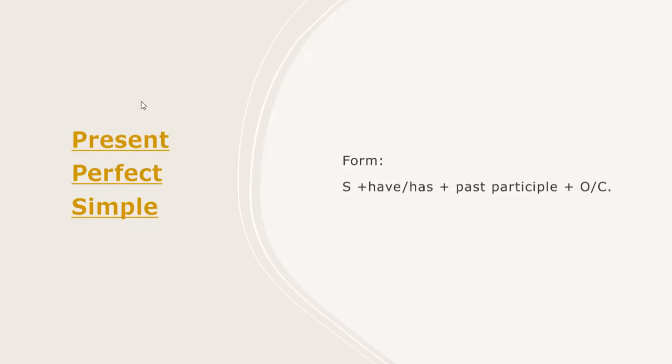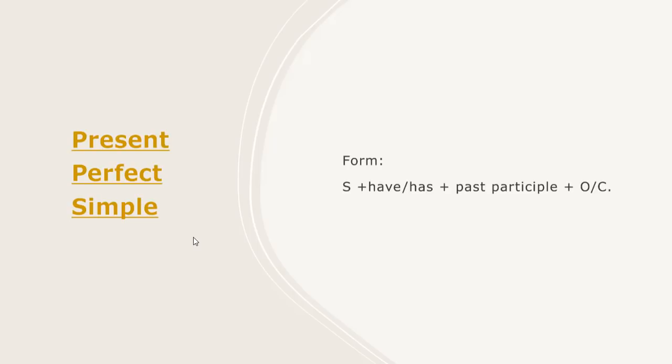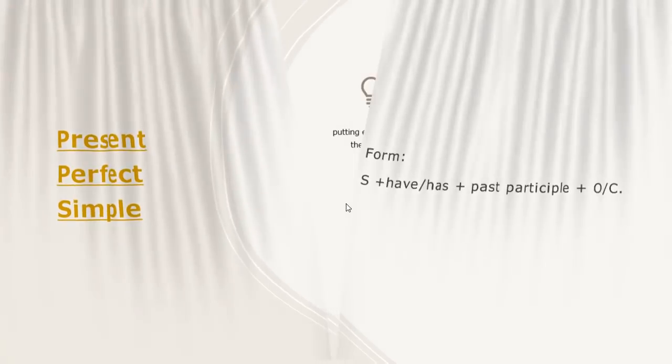That's present perfect simple, or sometimes people say simple present perfect or present perfect simple. Okay, so it depends. So the form is subject plus have has plus past participle plus object complement. Okay.